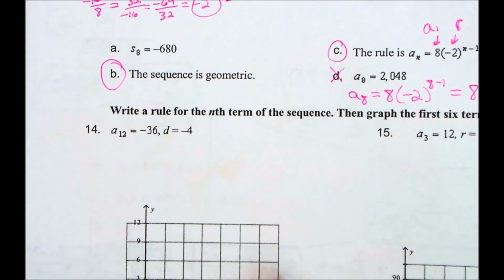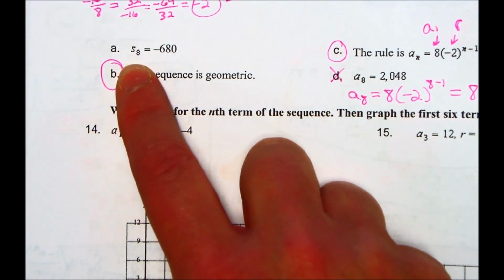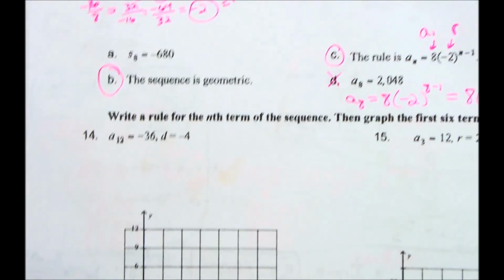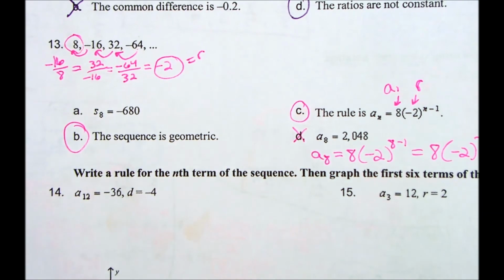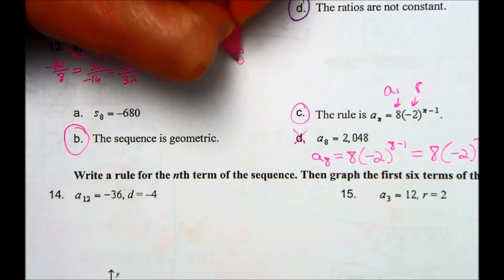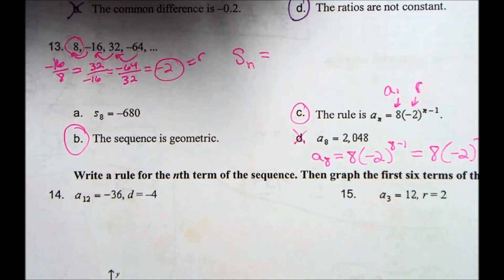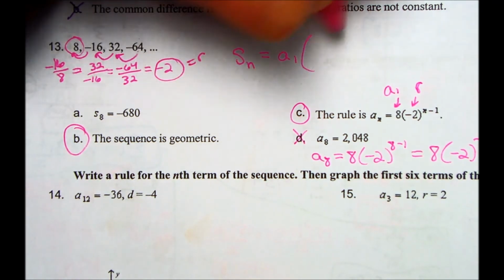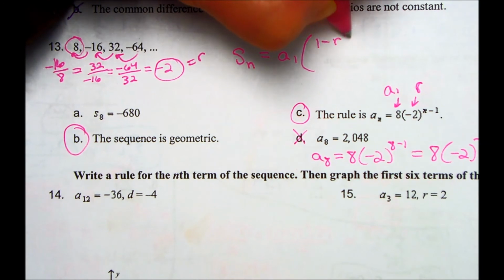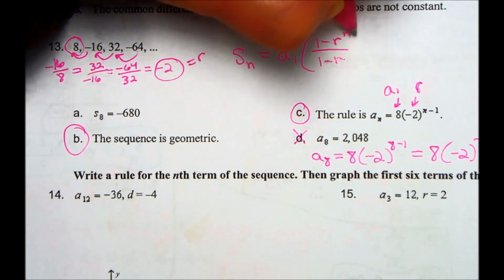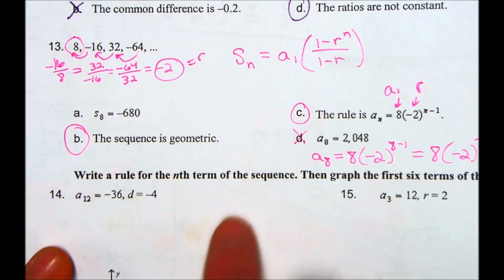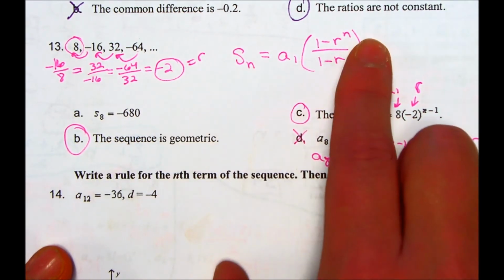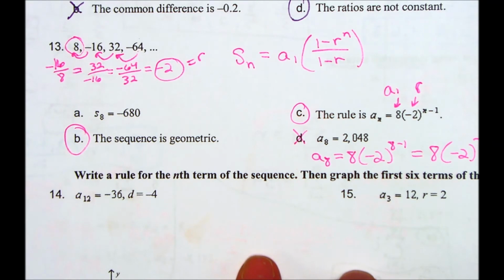All right, the last statement says the sum of the first 8 terms is negative 680. So we need the sum formula. The sum formula for a geometric sequence: S sub n equals a sub 1 times 1 minus r to the n over 1 minus r. All right, so 8 is our n that we're plugging in, there and there.